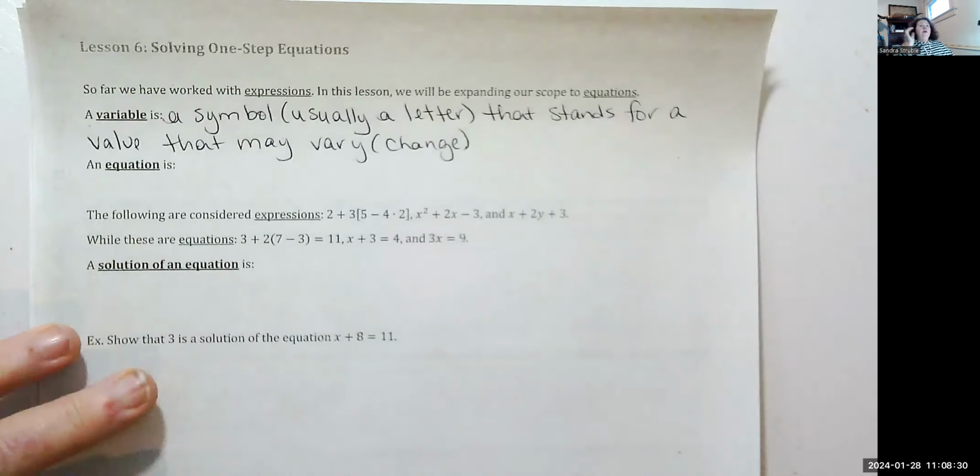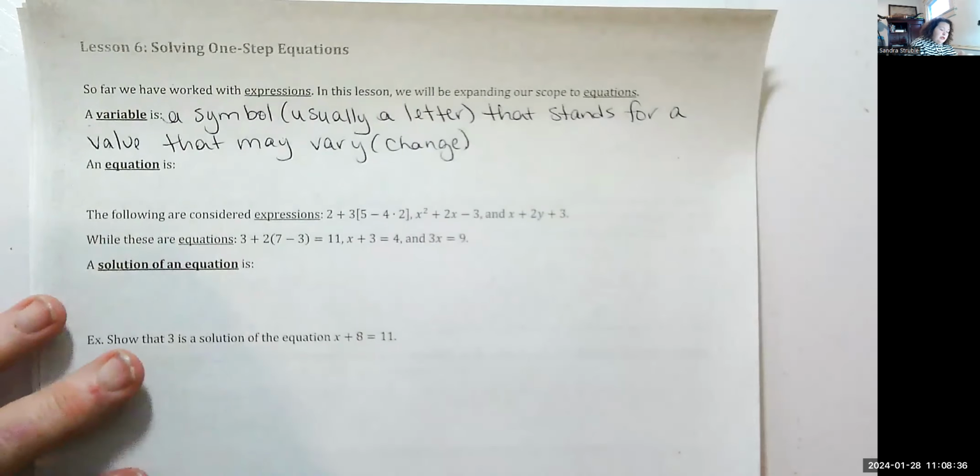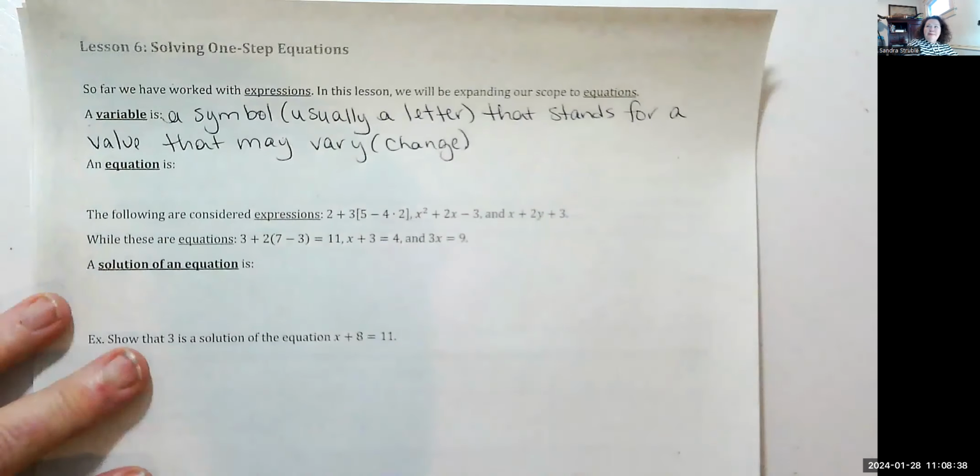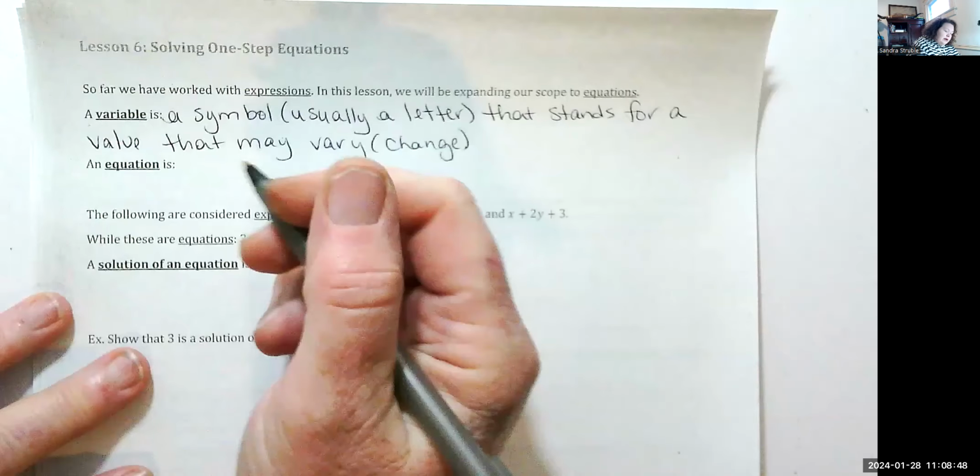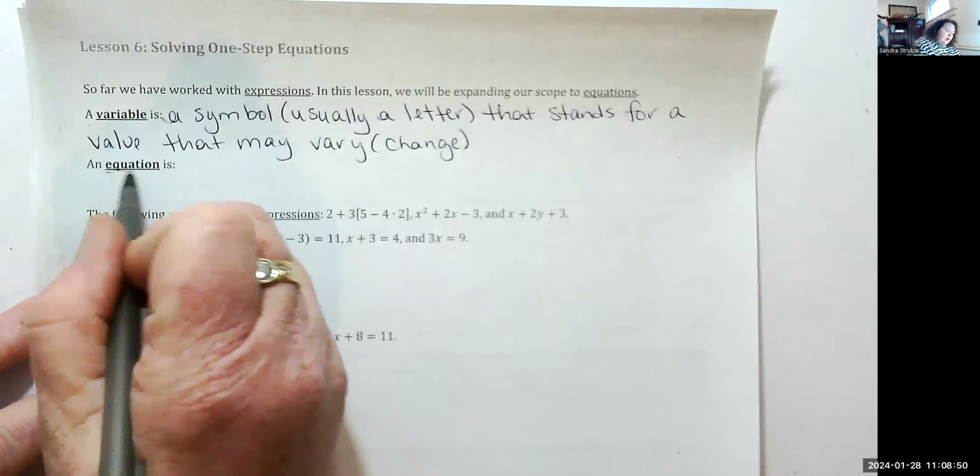So up till now, we've only seen expressions. At this point, we're going to start using equations, and an equation is a mathematical statement. So it's not just 3 plus 4 or 3x plus 1. There has to be an equal sign, hence the "equa."